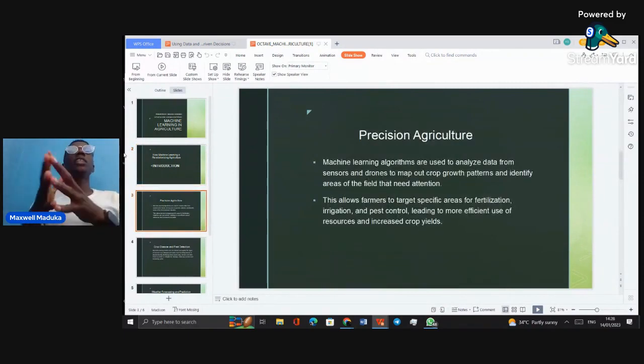Okay, so first of all, we start from precision agriculture. Machine learning algorithms are used to analyze data from sensors on drones to map out crop growth patterns and identify areas of the field that need attention. As much as data sets are being trained, I've worked with machine learning engineers, like one I will mention, Seriki.